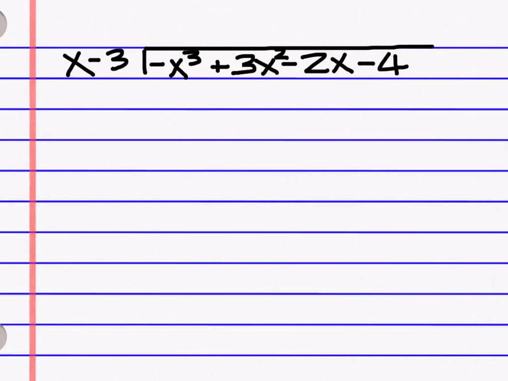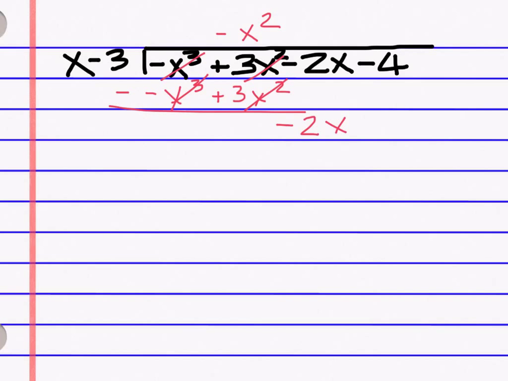On the practice problem, you should have negative x squared to get negative x to the third plus 3x squared. And when you do that, this is gone and this is gone too. So you drop down a minus 2x. X will go into that how many times?